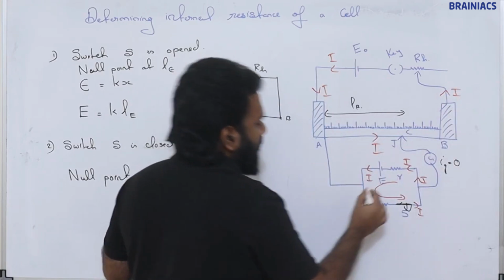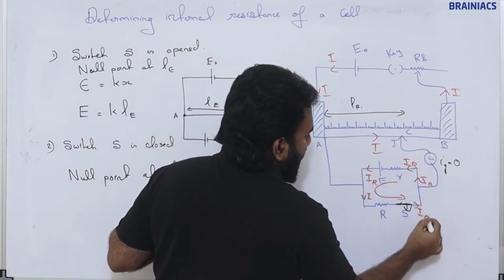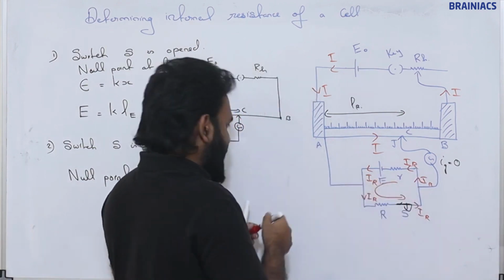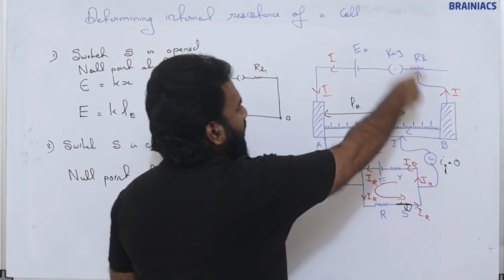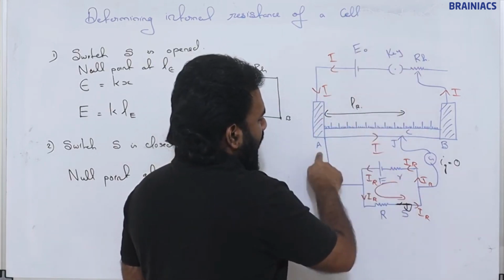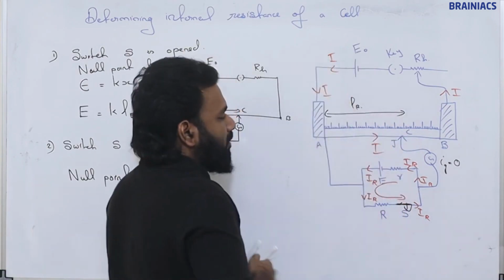Just to avoid confusion, I will name this as IR, I through this shunt resistance R. So here current will be flowing through this. No current in this branch. So this is one closed circuit. This is another closed circuit.